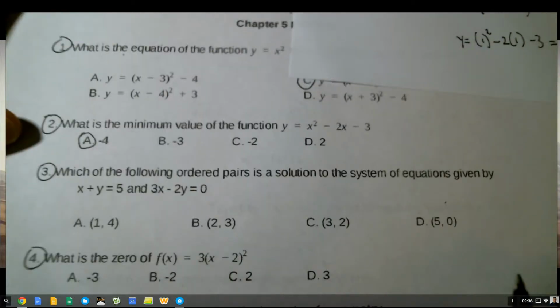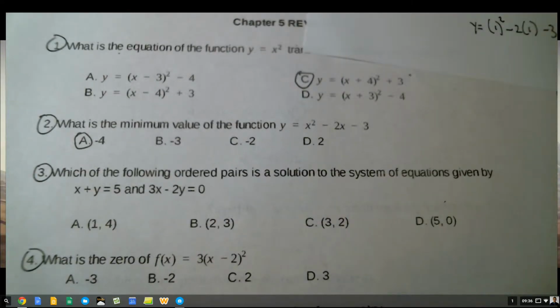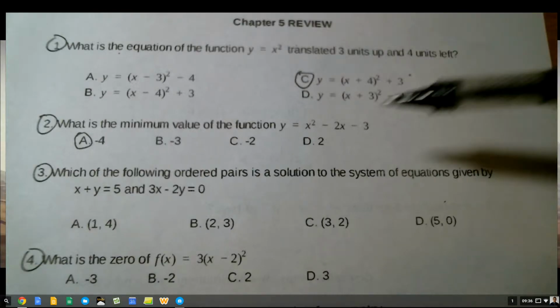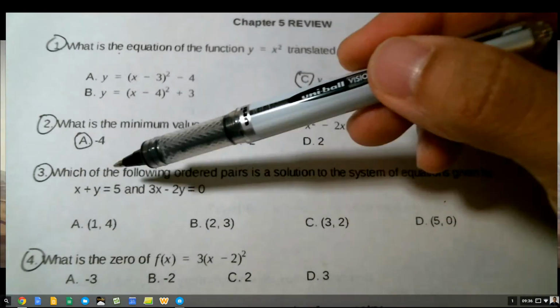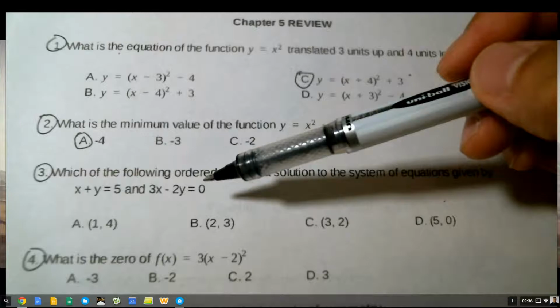So now, let's look at number 3. Which of the following ordered pairs is a solution to the system of equations given by x plus y equals 5 and 3x minus 2y equals 0? Our job is to find a pair of solutions that, when you plug into each of these equations, comes out true.